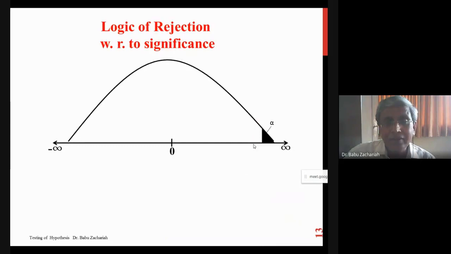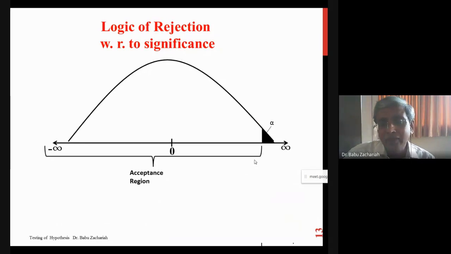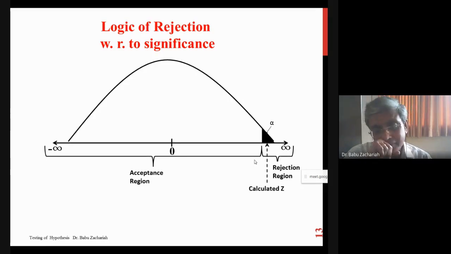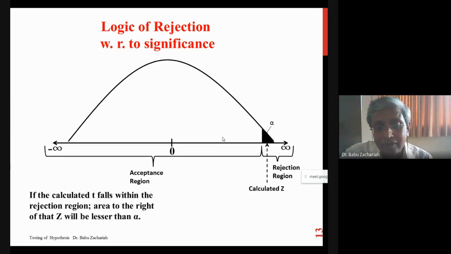Similarly, rejection. Say alpha is here, this is the setup we have. Now, the calculated Z falls here. So if the calculated Z falls within the rejection region, area to the right of Z will be lesser than alpha. Say it falls here, so area will be this much, it is lesser than alpha.